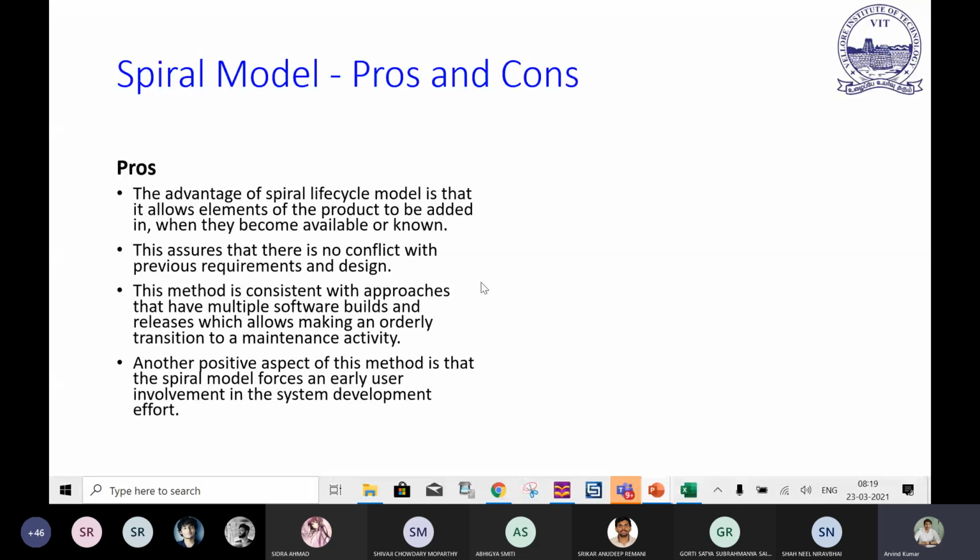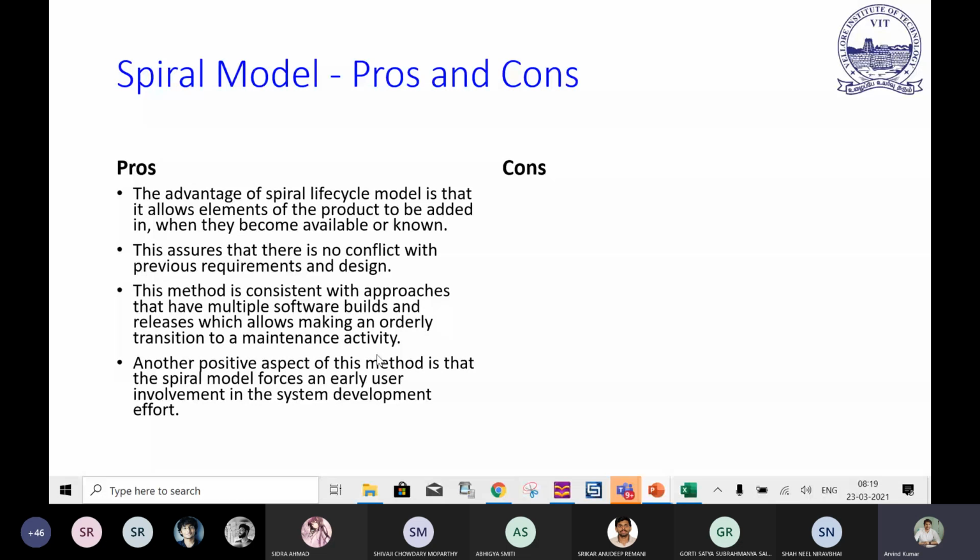Okay, and this method is consistent with approaches that have multiple software builds and releases, which allows an orderly transition to the maintenance activities. Another positive aspect of this method is that the spiral model forces early user involvement in the development efforts.